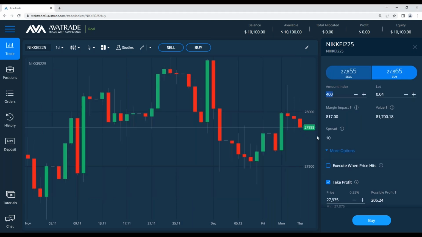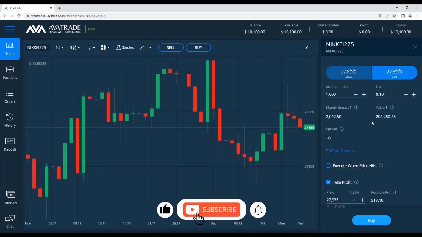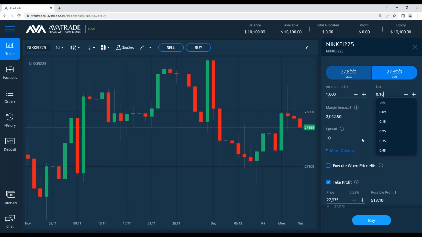So I'm going to put here 10. Let's try it this way. Okay, so actually with Nikkei, the minimal lot size will not let us trade 10 this way, because the lot size is much bigger. It's 1 to 10,000.